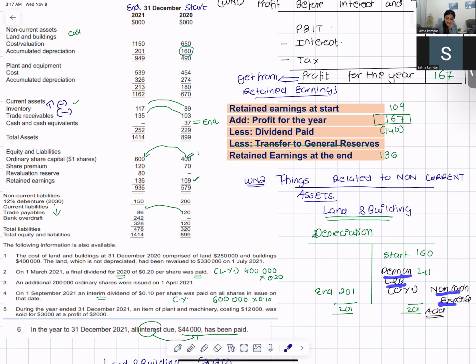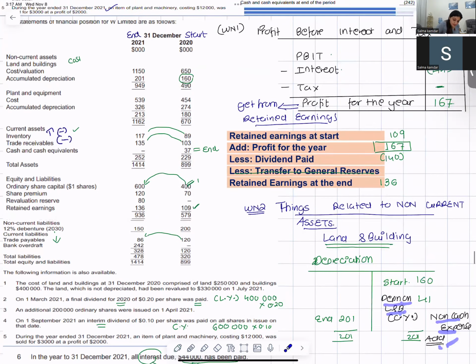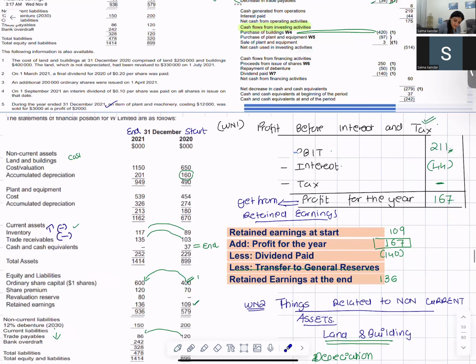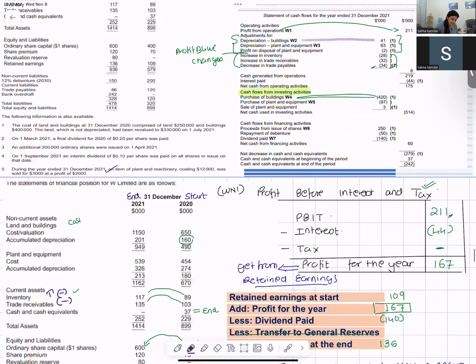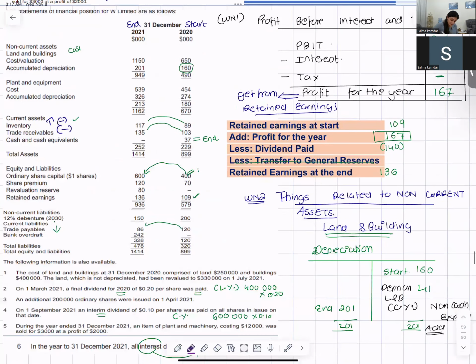It is a non-cash expense, so it is added to profit before interest and tax. So from your profit from operations, you are going to add back the depreciation on building, 41,000. Now I will proceed to the next one, that is plant and machinery.